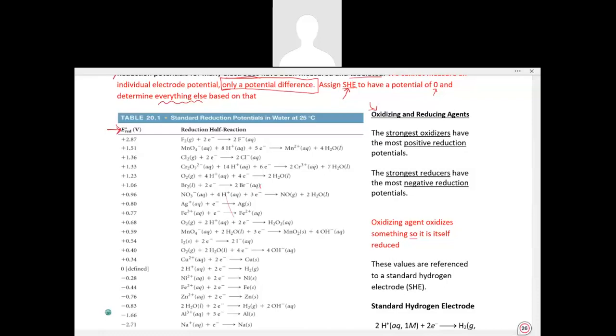So what we see here is that the most positive values, these will be strong oxidizers. And that should kind of make sense. They will reduce themselves and oxidize something else. So we know the most electronegative atom here is fluorine. So that really wants to grab some electrons. So this will be one of the strongest oxidizers that we may encounter.